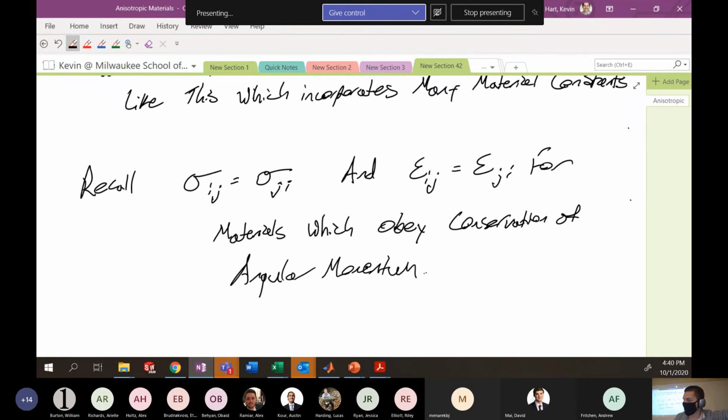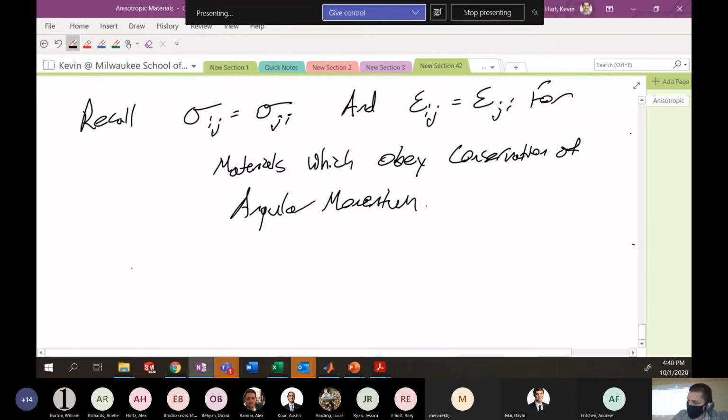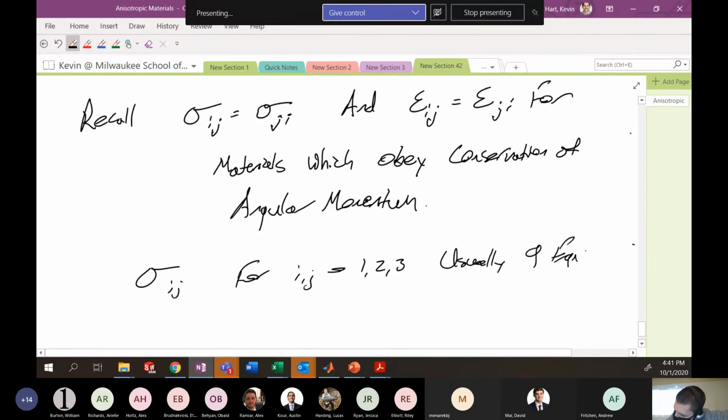And so when we have sigma ij for i and j going from 1 to 3, usually that's 9 equations, but here it's actually 6, because 2 of them are redundant.